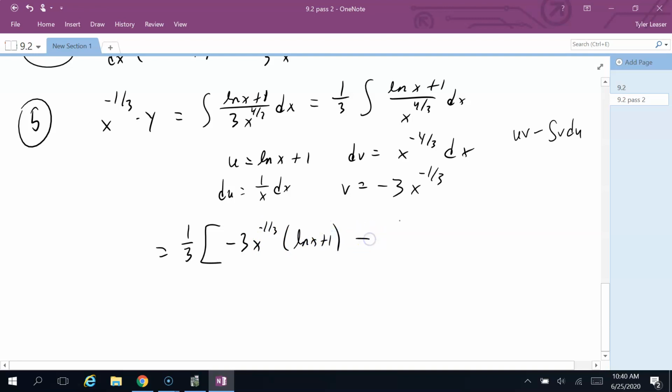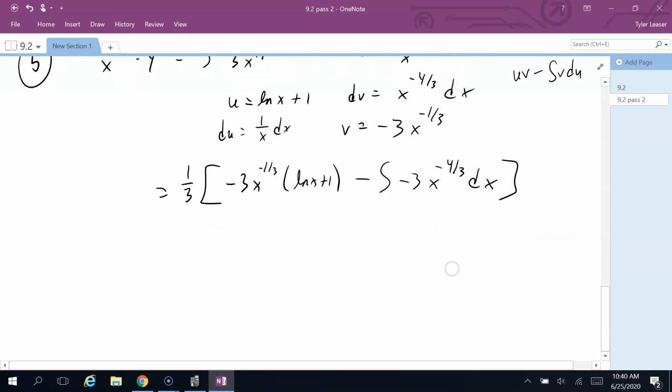And then minus the integral of v du. So we're going to get that negative 3. And then 1 over x times x to the negative 1/3 is x to the negative 4/3. Okay, looks pretty awful, but let's do that other integral now. It's doable at least. So I'm just copying all of this down.